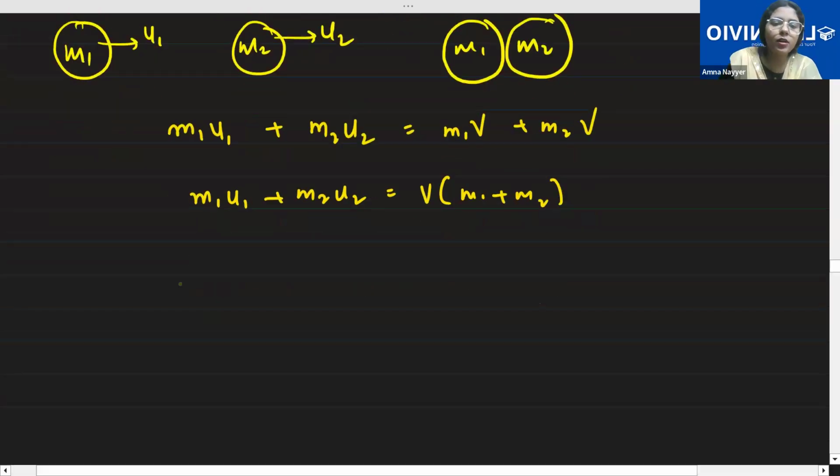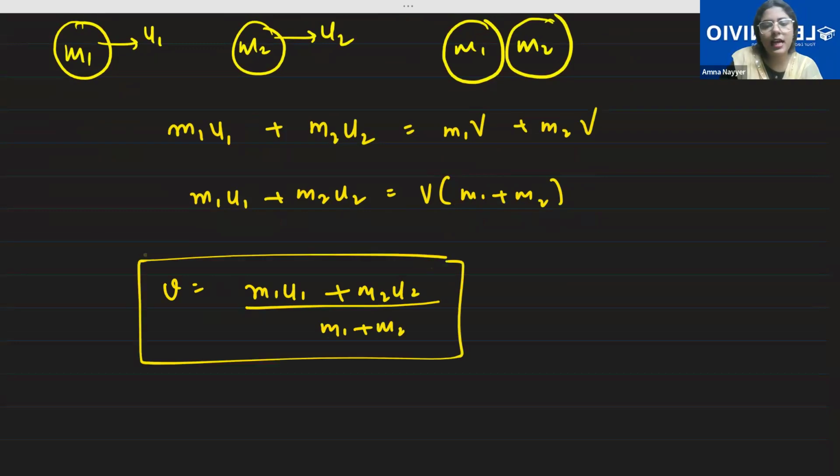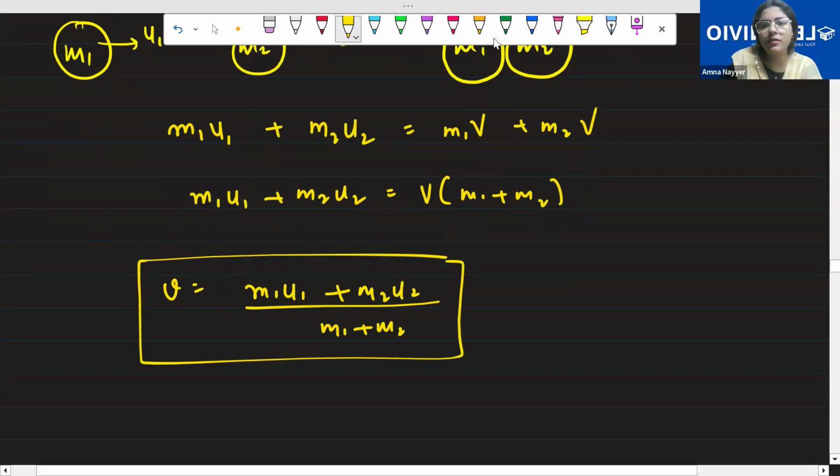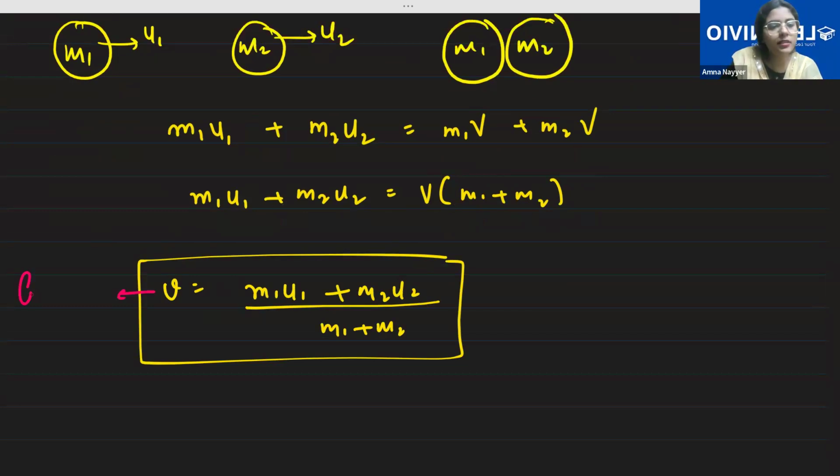Now if I bring m1 plus m2 in the denominator, I'll get v equal to m1 u1 plus m2 u2 divided by m1 plus m2. That's known as the common final velocity.